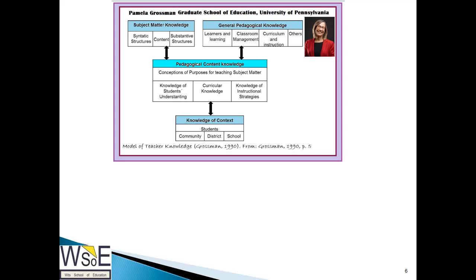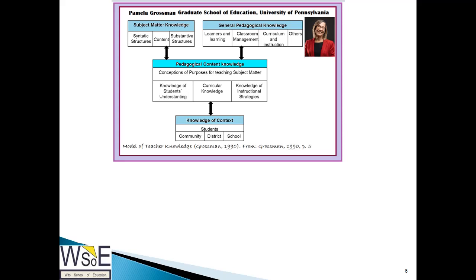In other words, how knowledge of science is put together, how knowledge is formed, and then the particular concepts and ideas that are part of that subject. And then the general pedagogical knowledge, which includes the learners and their learning, your classroom management, your curriculum and instruction, and the others which you didn't feel made as great an impact on forming your pedagogical content knowledge.